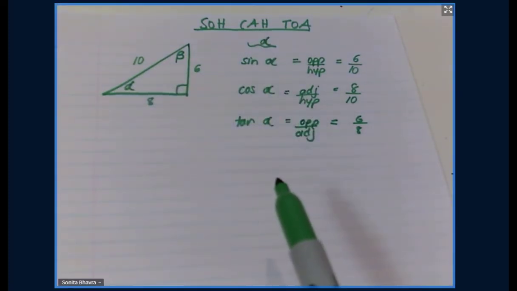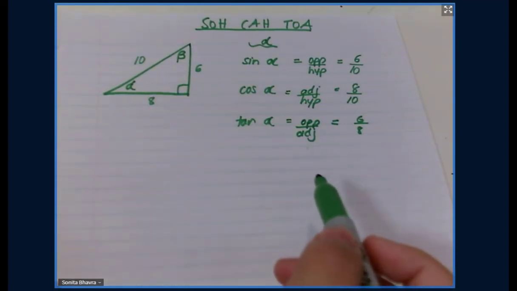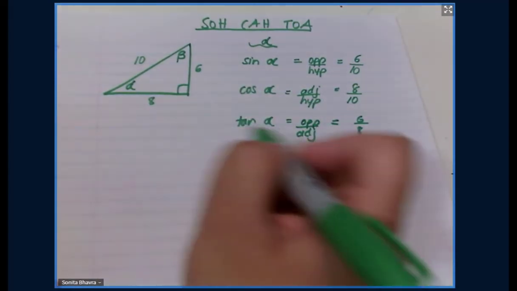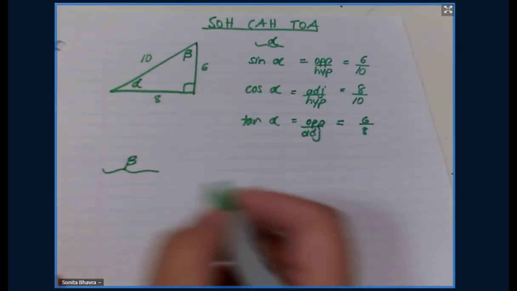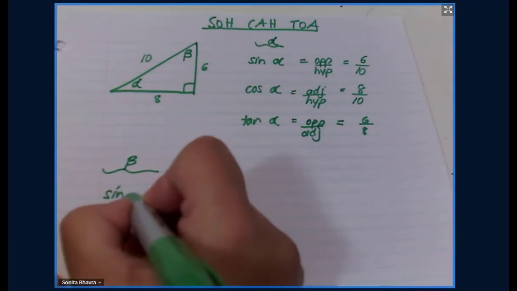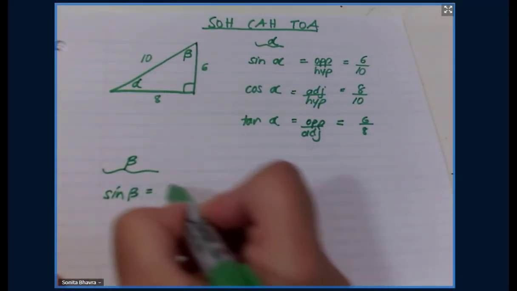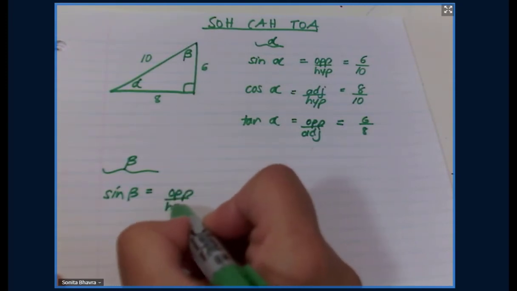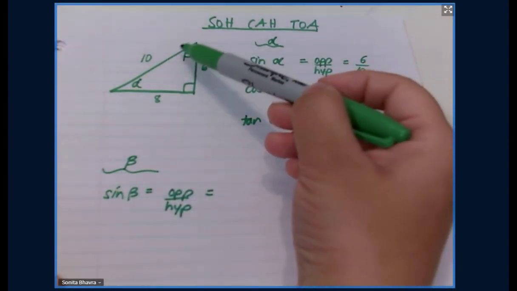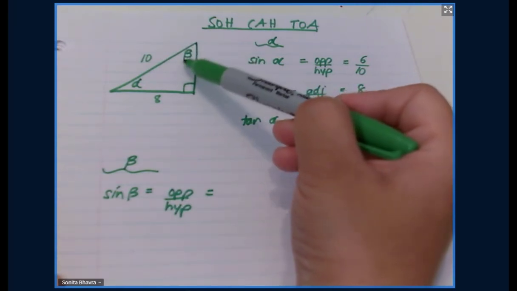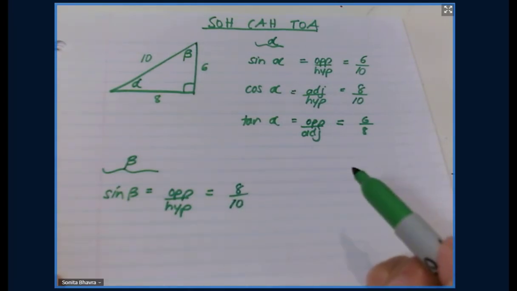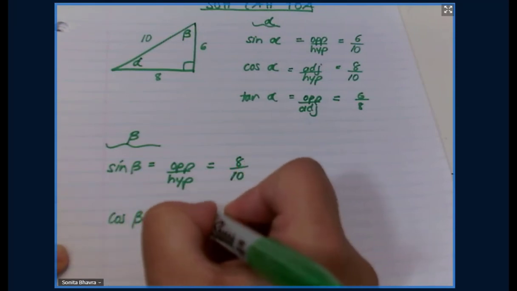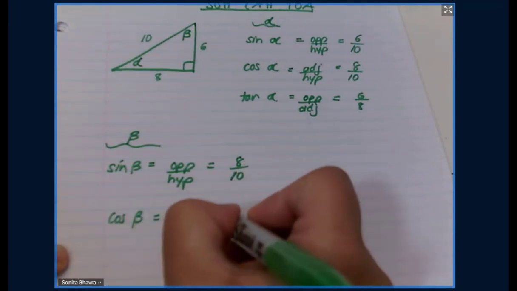All right, so next we can get our ratios for angle beta. Our sine ratio for beta is still opposite over hypotenuse, but we're looking at beta up here. Opposite is 8, and hypotenuse is still 10. Cosine of beta is adjacent over hypotenuse.